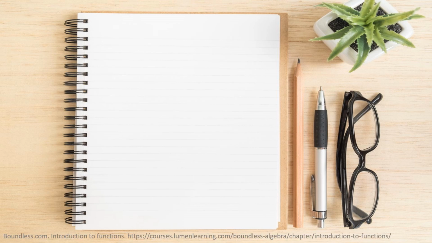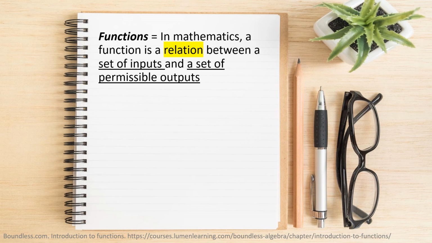So, what is a function? A function is a relation between a set of inputs and a set of permissible outputs. Take note, a function is a relation, but not every relation is a function.